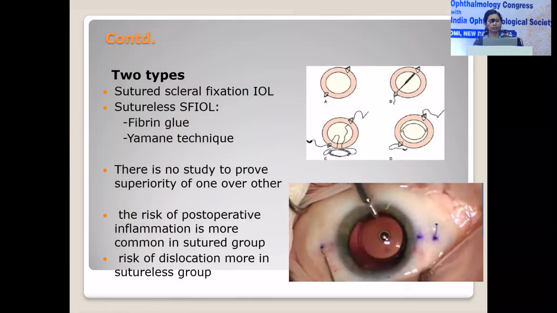There are two techniques of doing scleral fixated lenses: sutured scleral fixation and sutureless scleral fixation with the fibrin glue Yamane technique, but there is no study to prove superiority of one over the other.